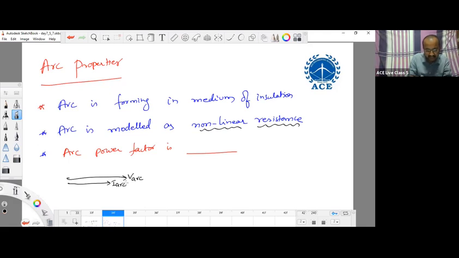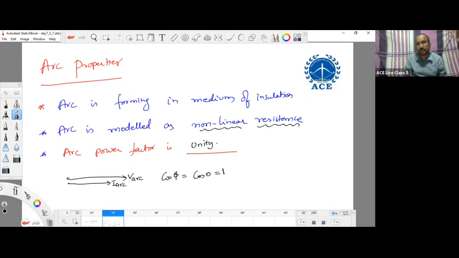So what is cos phi? That is cos 0, which is 1. So the arc power factor is unity, because the arc is modeled as non-linear resistance.